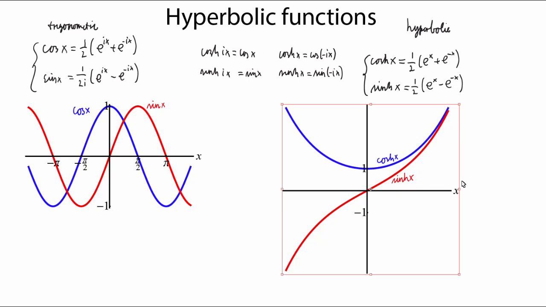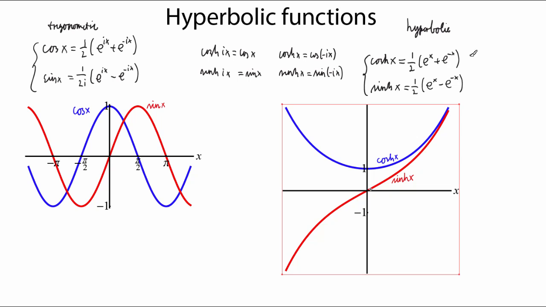If you move away from 0, cosh of x and sinh of x will approach e to the x, or 1/2 e to the x. You can see that because as you move towards large x, these terms here will be negligible compared to these, and essentially it just becomes e to the x over 2 at large x.